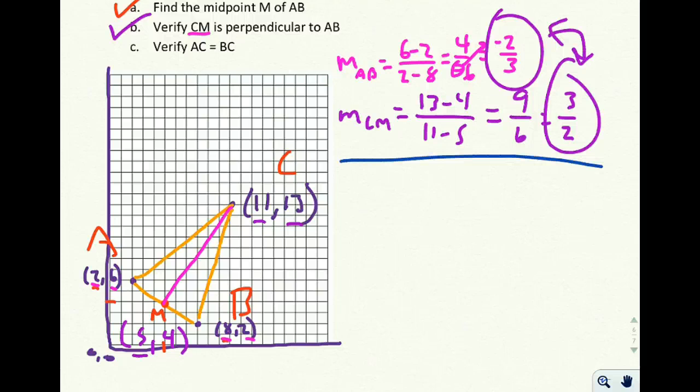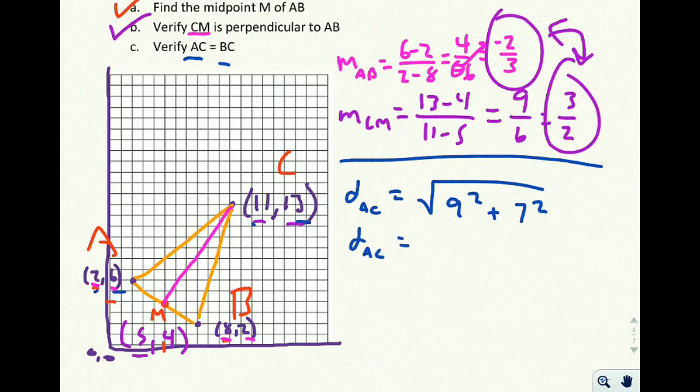Last step is to verify that AC is equal to BC. To do that, we do distance formula. So distance for AC, square root of the distance between the x's. So between 2 and 11, we have a distance of 9. Square that. Between 6 and 13, we have a distance of 7. Square that.